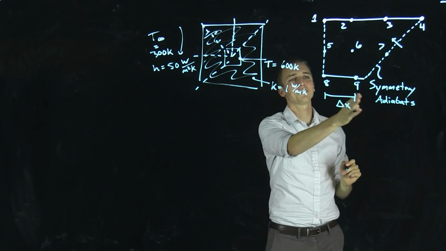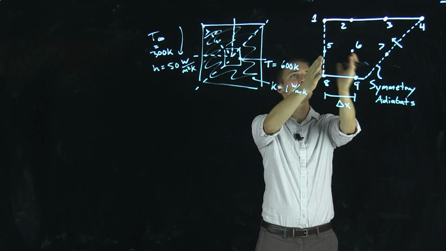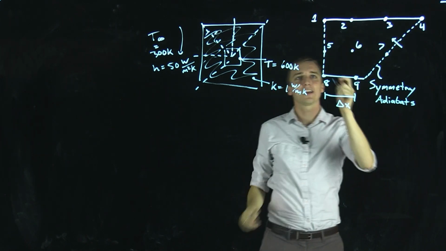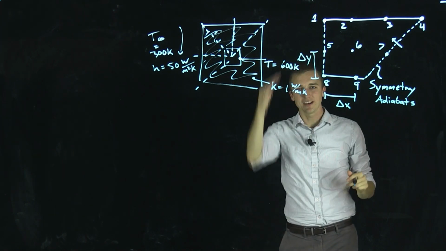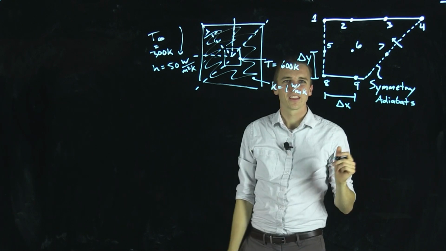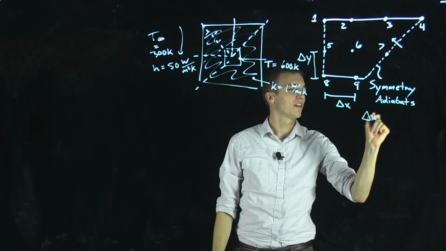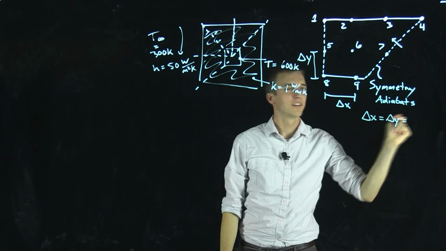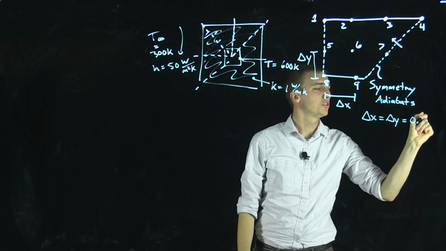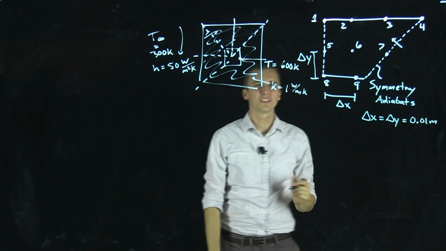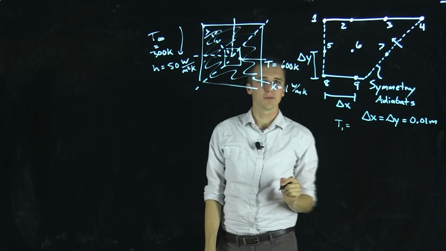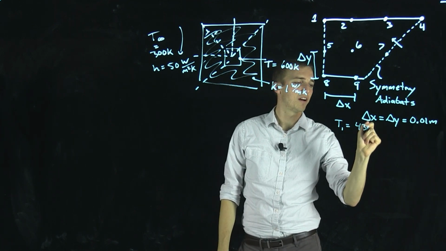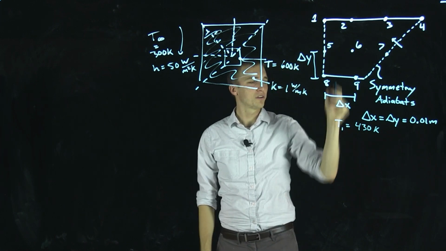So we're going to define a distance delta x, being the distance between any node in the x direction, and delta y, the distance between any node in the y direction. We're going to set those equal and let them be equal to 0.01 meters. Okay, we know a few temperatures. We know the temperature of our first node is 430.